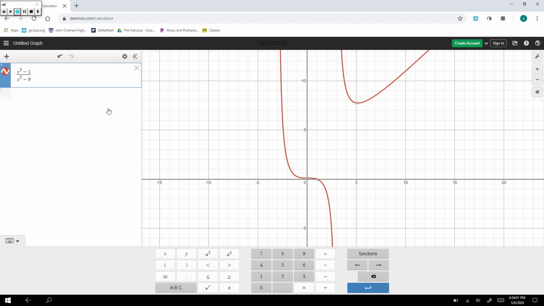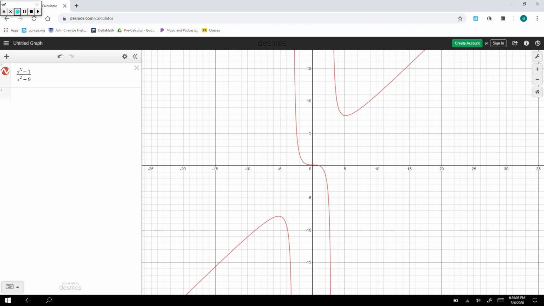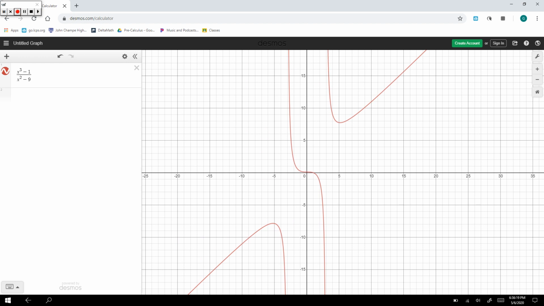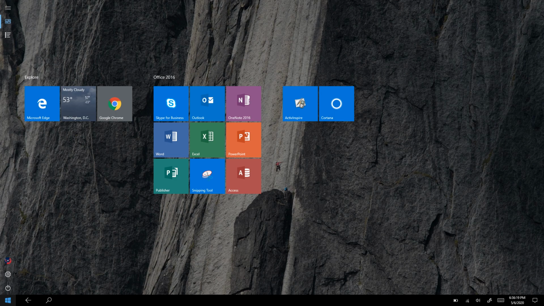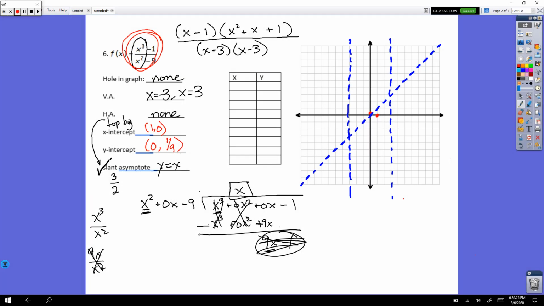So right now it doesn't look too bad, but I need to zoom this thing out a little bit to kind of get a clearer picture of what's going on. I see I only have one y-intercept and one x-intercept. Okay, so there's no other x-intercepts in the problem. So let's go back to here. So I have all the information I have right now.